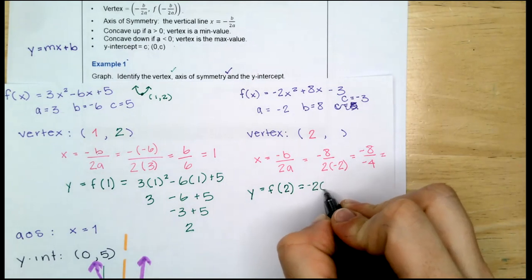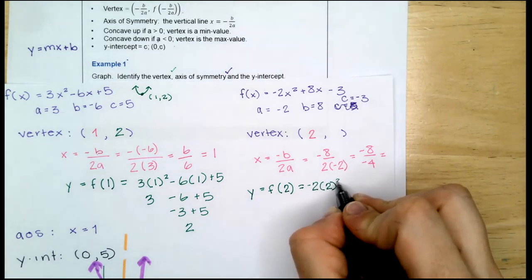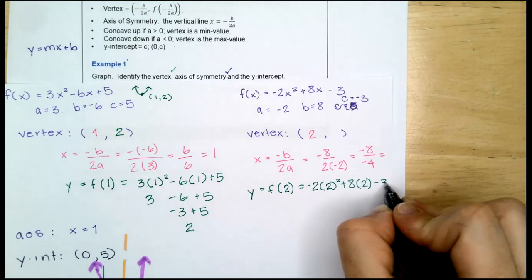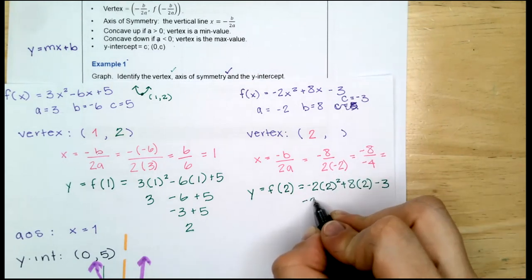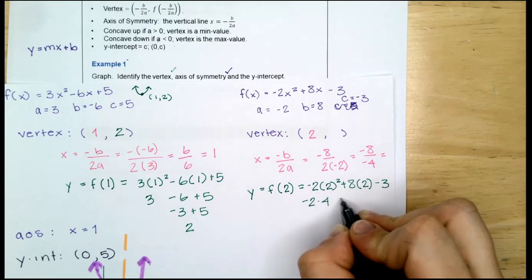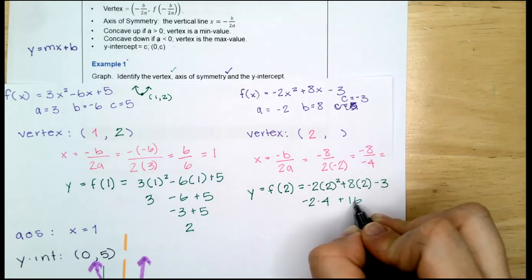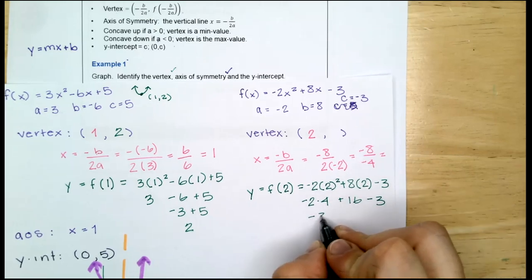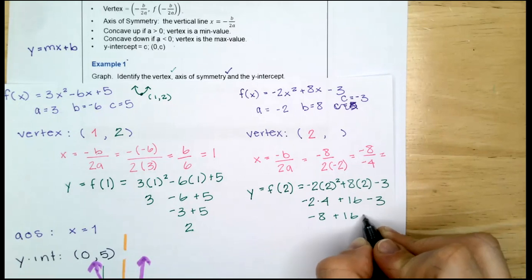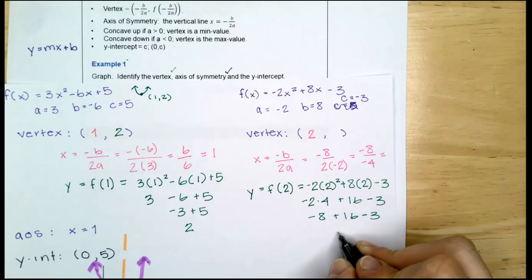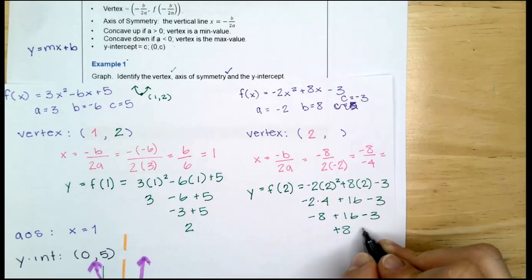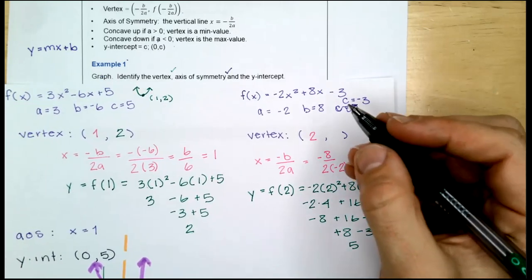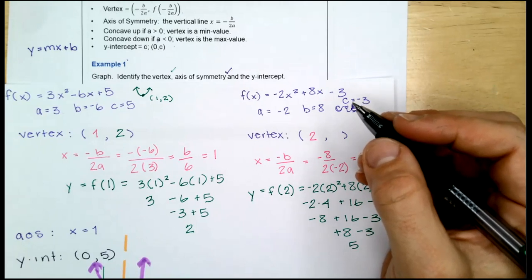Negative 2 times 2 squared plus 8 times 2 minus 3. 2 squared is 4, so negative 2 times 4 is negative 8, plus 8 times 2 is 16, minus 3. Negative 8 plus 16 is a positive 8, minus 3, so that's just 5. So the vertex here is going to be 2, 5. Okay?